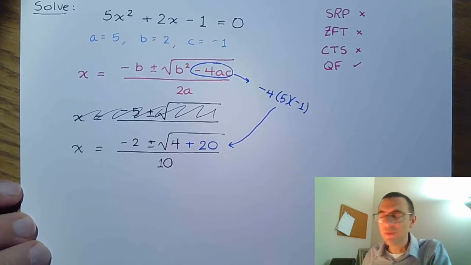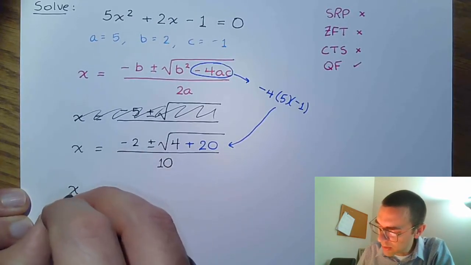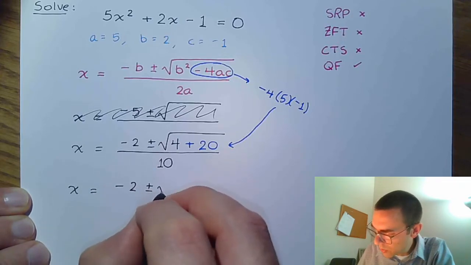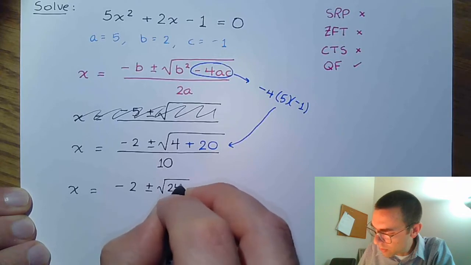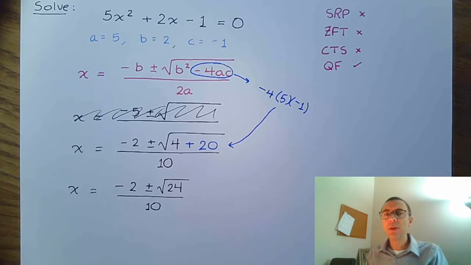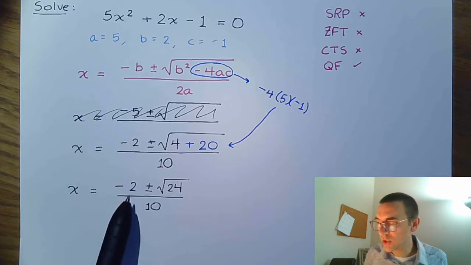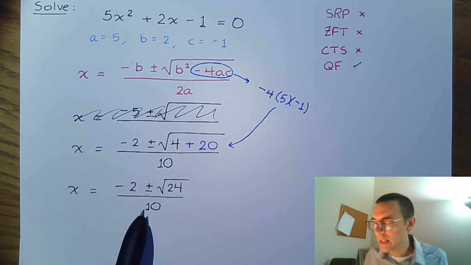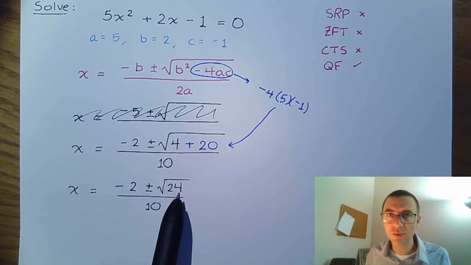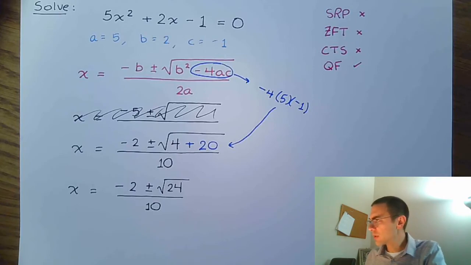All right, so the rest of this is just a matter of cleaning things up and simplifying. So we have -2 plus or minus the square root of 24, all divided by 10. Now you've got to make sure that you avoid the temptation of trying to reduce the 2 and the 10 right now, because the 10 is a denominator for 2, but it's also the denominator for that radical. So we need to simplify the radical first.